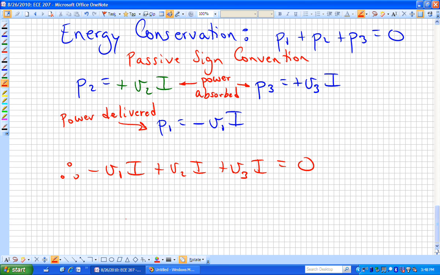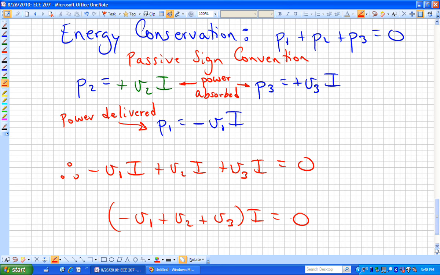We have something in common with those three terms, and that's the current. The reason it's common is because those particular elements are actually in series. We'll learn more about that in Chapter 2. But the same current is flowing through all three of those circuit elements. That indicates that they are in series.